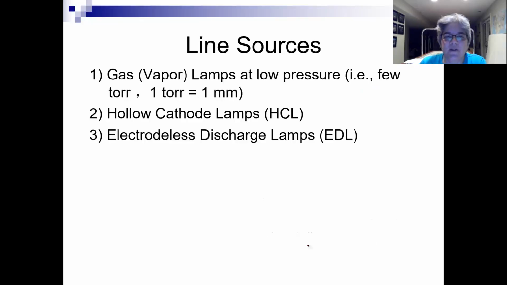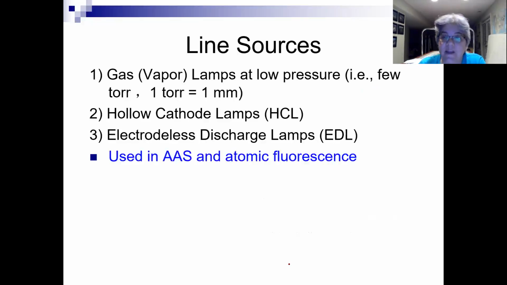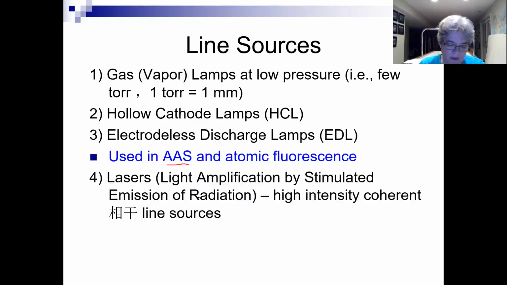And again, we'll be looking at these in more detail in chapter 5, but these are the names of some line sources. Right now, you don't need to know the names, but what you should know is that this is what we use for atoms. Okay. There is one other important line source, and that's something called a laser.